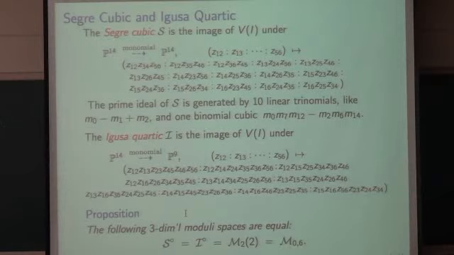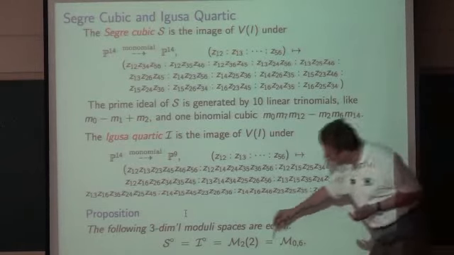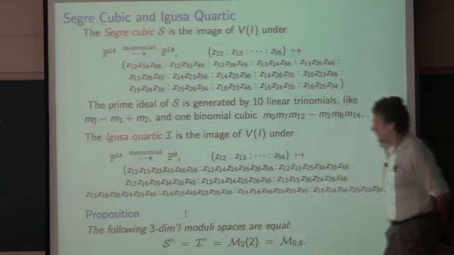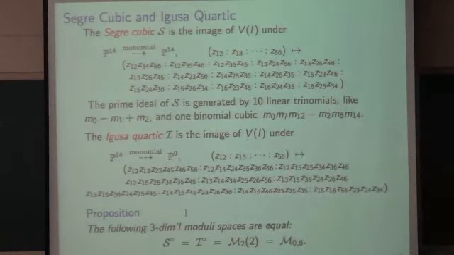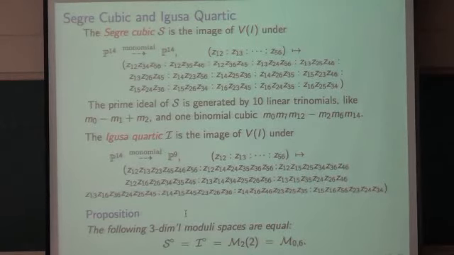I have given you a parametrization and equations. But it can also be interpreted as the moduli space of genus 2 curves with level 2 structure. Level 2 structure means the following. So the way you can make a genus 2 curve is you can double cover the line at those 6 points.